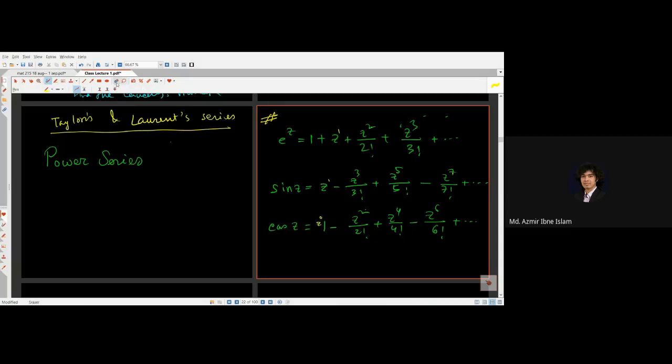So that means this is a power series. Is that okay? Can you hear me? Yes, sir. So whatever terms we have here, e to the power z, sine z, and cosine z, this exponential function and these two trigonometric functions can be expressed in power series.